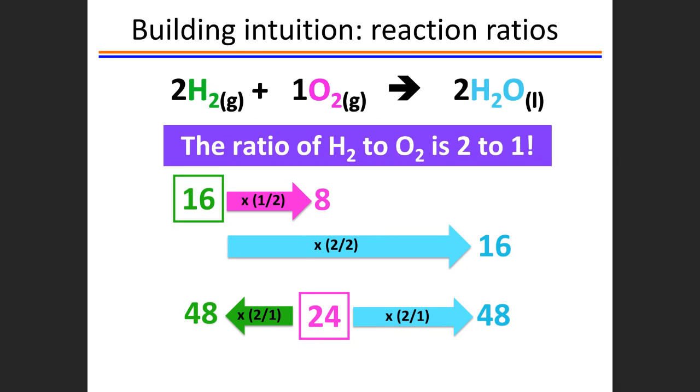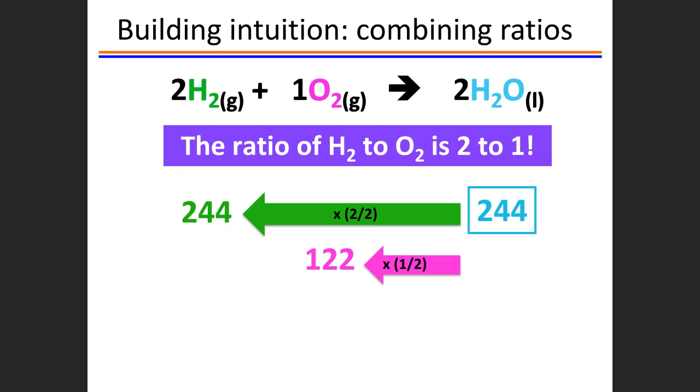To find the moles, we write that on top, and if we do the calculation, we will find the same value. But I also have some other rules for that, so I'm going to show them. The ratio of hydrogen to oxygen is 2:1. So here is 244. Where did they get the 244? I really don't know where they got the 244.